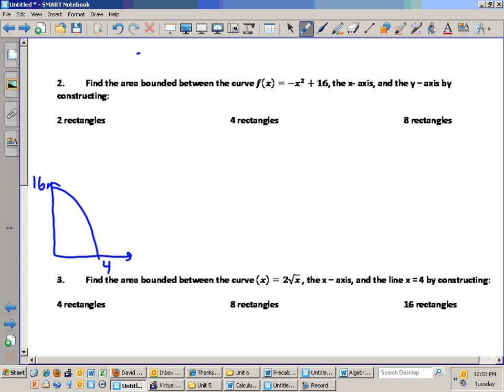So what do you want? Do you want to do the first one by hand and the next two by calculator? Okay. So again, the area is equal to the width times, now I'm going to use a term here, sum. Sigma means sum. True or false?